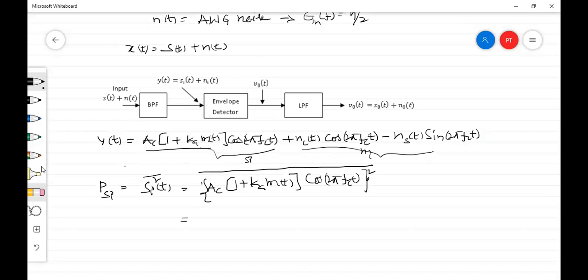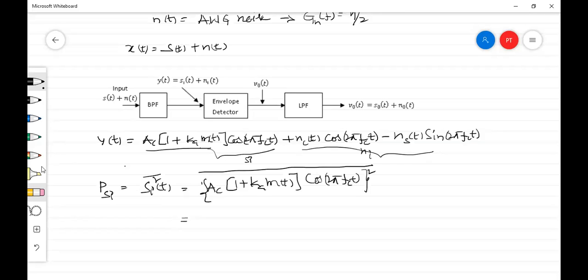And once again, you have to remember one important thing: the powers are additive here. We can think of this entire term as a sum of two terms. One is Ac into cos 2 pi fct, another Ac into Ka into m of t cos 2 pi fct. We can find out the powers independently, separately, and add them, isn't it?